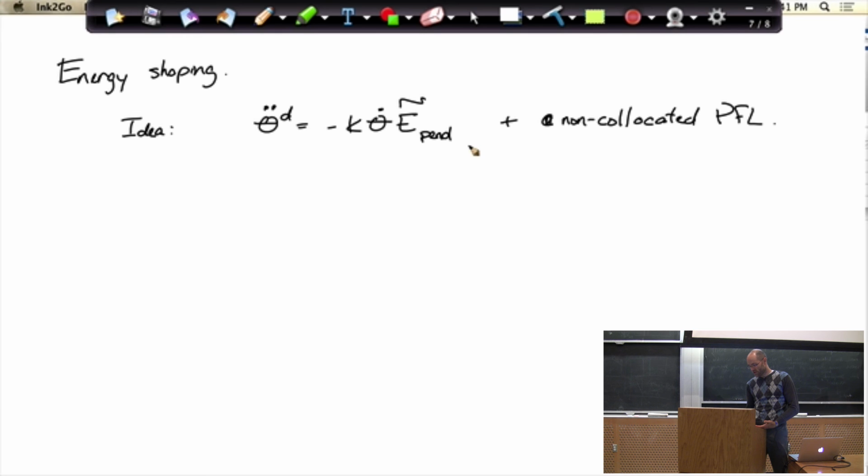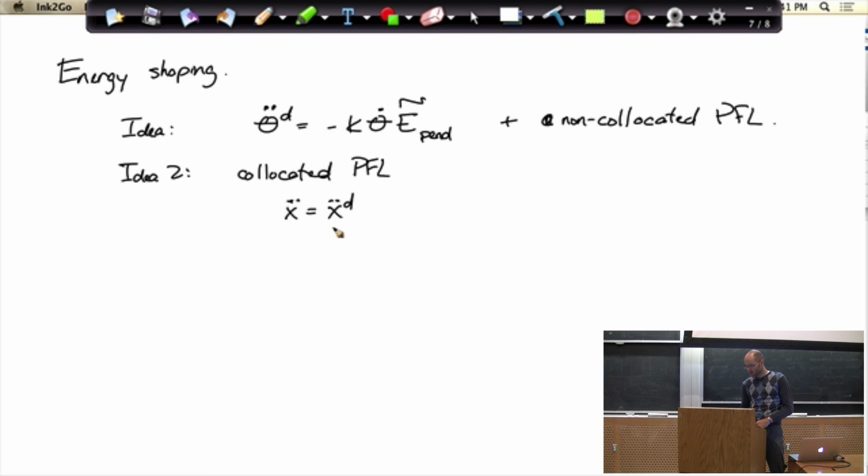It turns out to use co-located PFL, which is nicer, right? It doesn't have any of the singularities. I'm just going to regulate the energy of the cart. And that gives me, if you remember, my x double dot desired is followed exactly. But it also gives me some dynamics of my pendulum that are implied by that constraint equation.